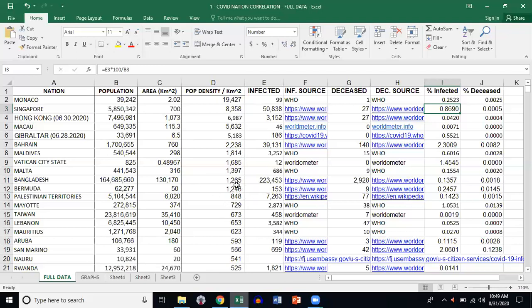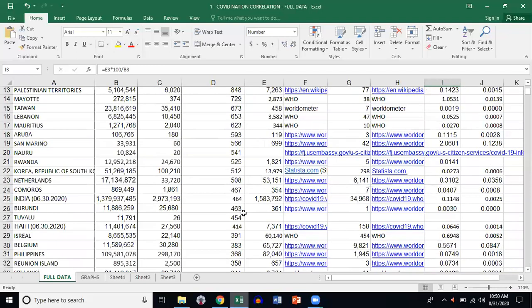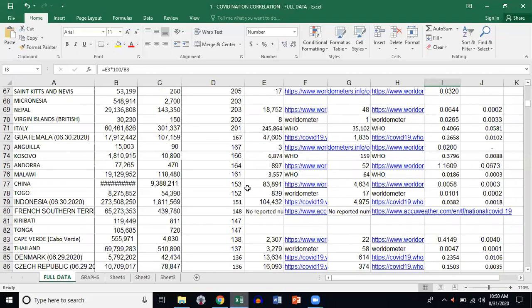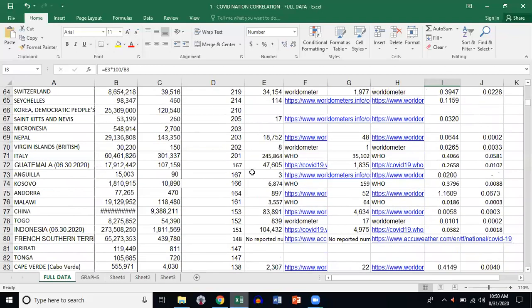Why is above 1,000 population density significant and not, let's say, 500, all right, or 2,000? And also why at the lower end, 200 was a significant distinction, above or below 200. Why?